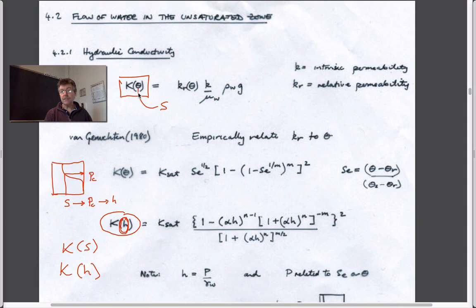But the rationale is that permeability is related to volumetric moisture content or saturation. Since saturation is uniquely related to capillary pressure and capillary pressure is related to head, we should be able to draw the equivalence between these. Relative permeabilities must also scale with heads.